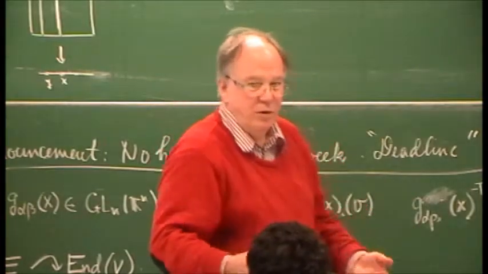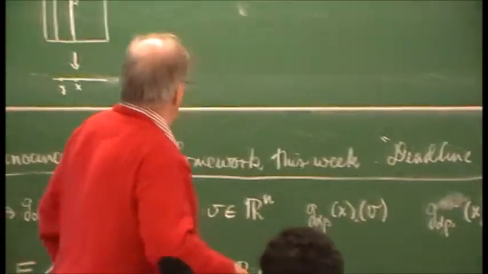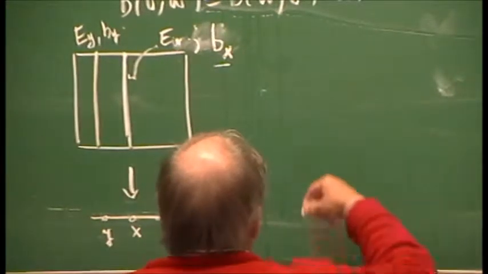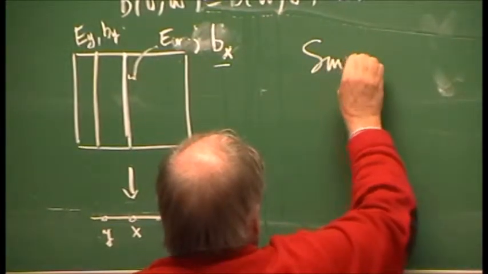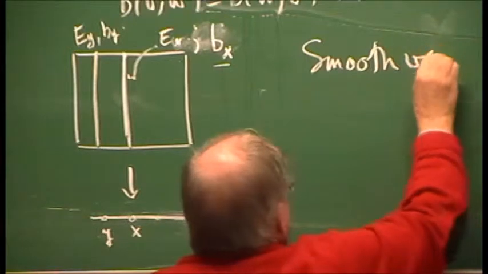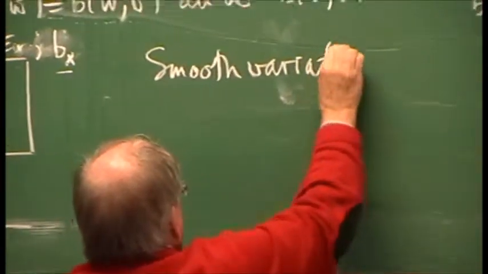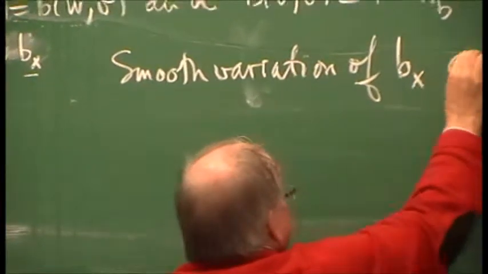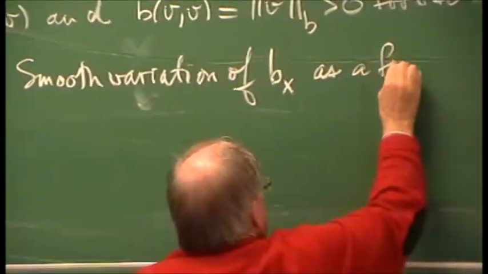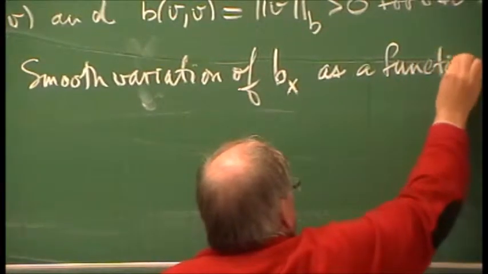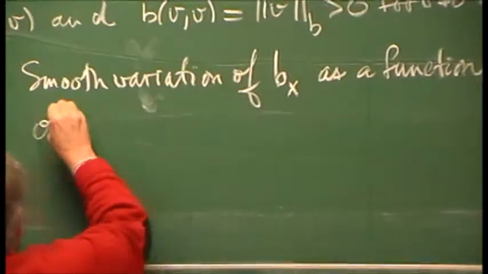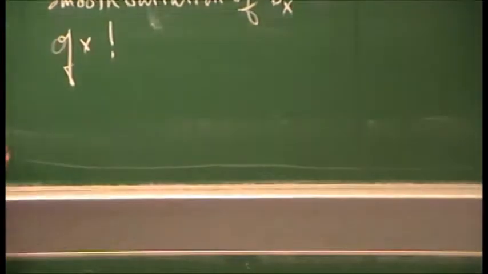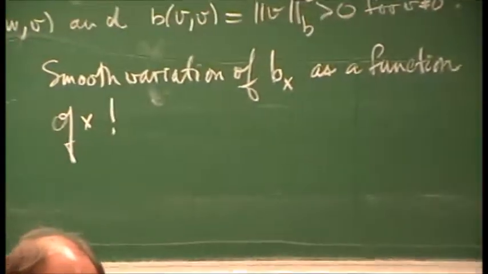Come on. The world is not that bad. So, at least generically, it's not that bad. So what we need is smooth variation of B_X as a function of x.